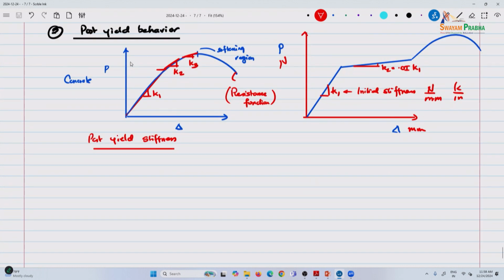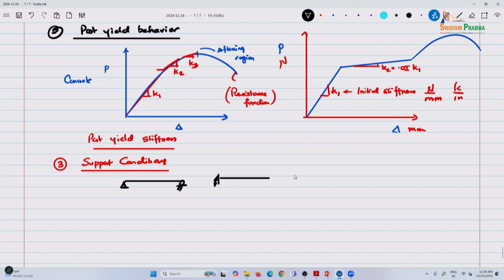Then the third thing is support conditions. Many of these are basic undergraduate. Single degree of freedom systems are often developed by assuming simply supported, and then other conditions are accounted for. So there are different types of conditions: simply supported, a cantilever type system, or fixed.